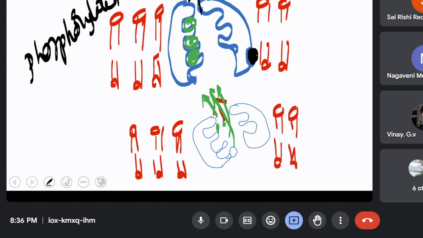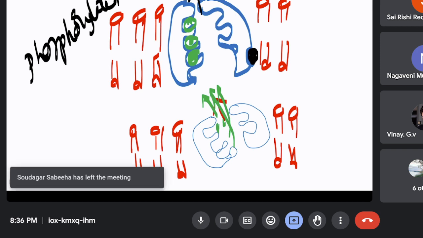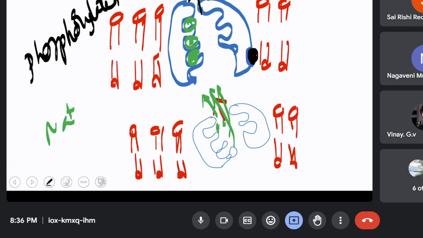So after phosphorylation, its conformation is changed and it opens to the other side. Due to this, sodium ions are sent out. How many? Three sodium ions are sent out.